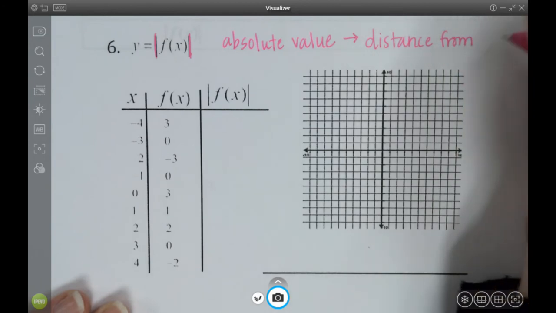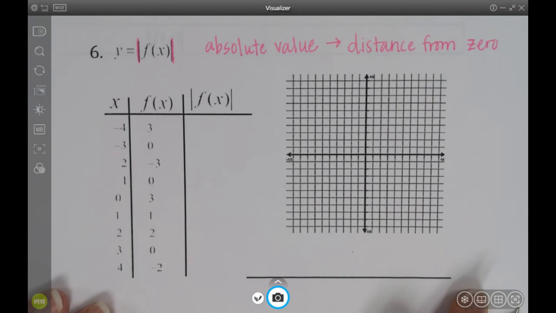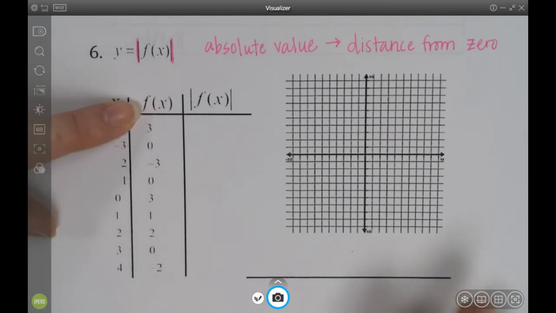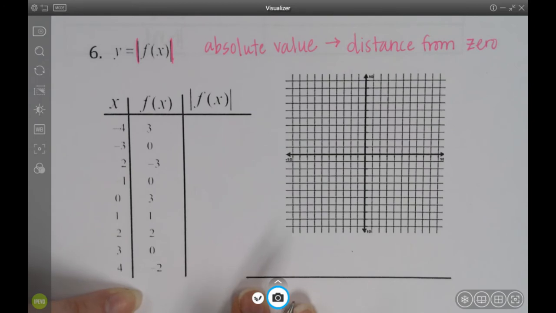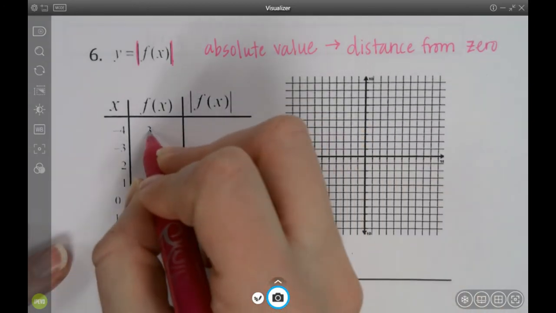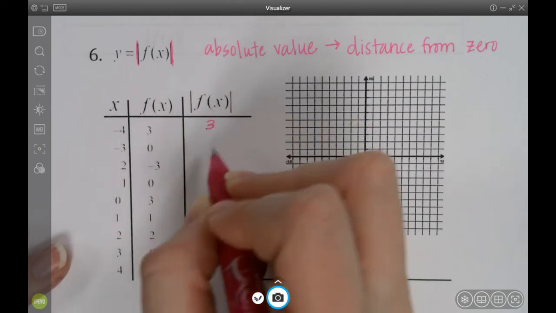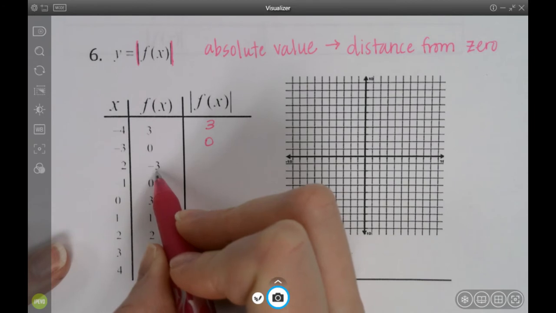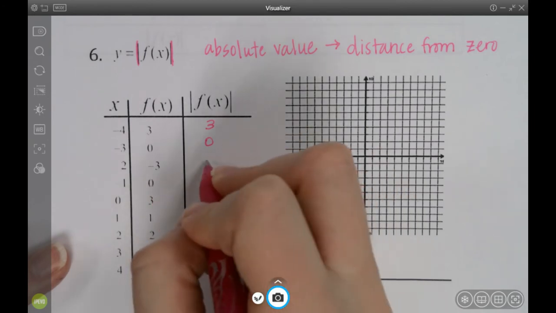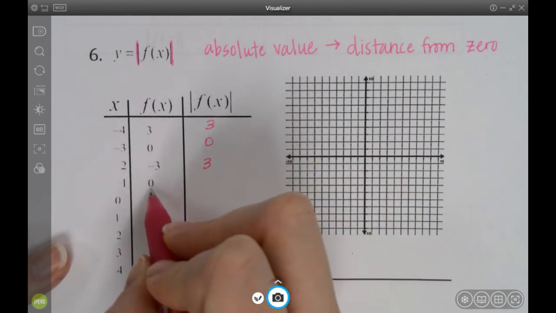So basically, absolute value is always going to take your number and make it positive, right? So we're going to take all of these y values, and if they're negative, we're going to make them positive. And if they're positive, they're going to stay. All right? So the absolute value of 3 is 3. Absolute value of 0 is 0. Absolute value of -3 is 3.